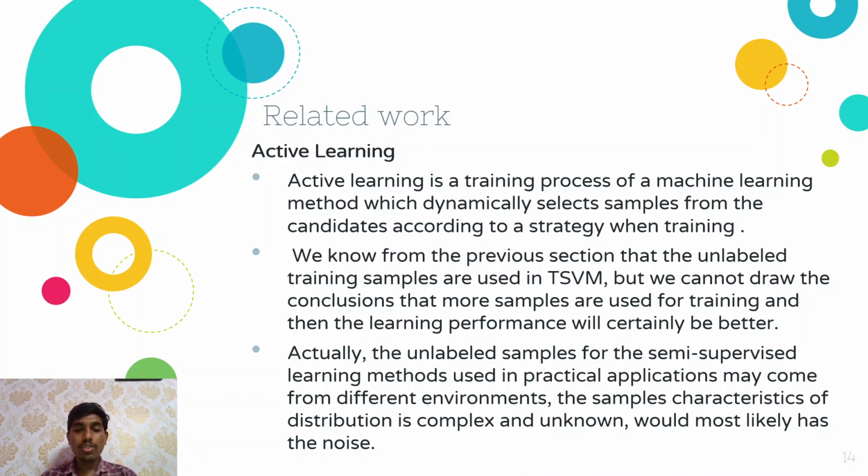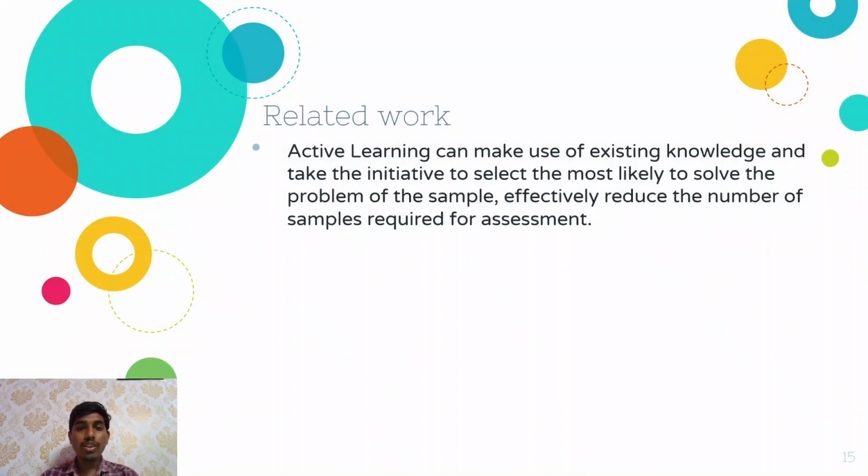Actually, the unlabeled samples for the semi-supervised learning methods used in practical applications may come from different environments. The sample distribution is complex and unknown, and would most likely have noise. Active learning can make use of existing knowledge and take the initiative to select the samples most likely to solve the problem, effectively reducing the number of samples required for assessment.